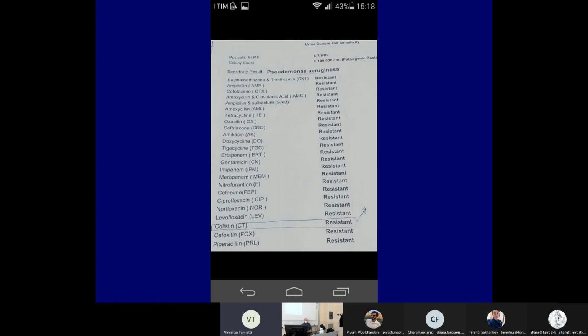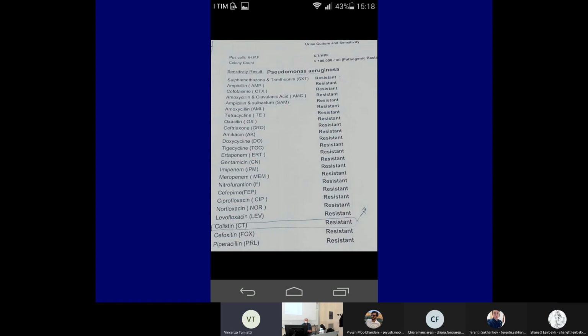You know what is an antibiogram? This is the situation. Resistant, resistant, resistant. We have a series of different antibiotics on your left. You see all this Pseudomonas aeruginosa is resistant to all antibiotics. And so what can we do in this situation?